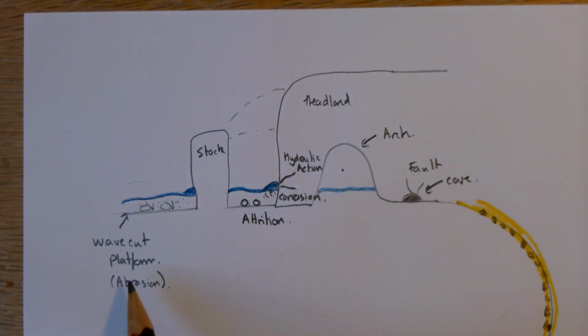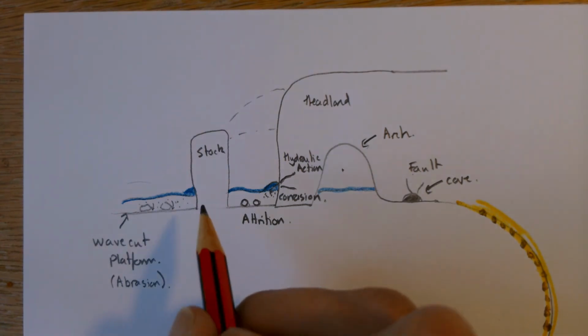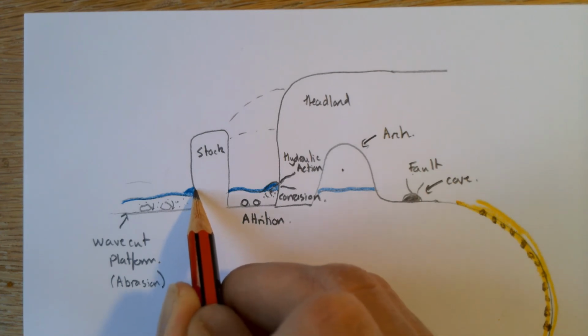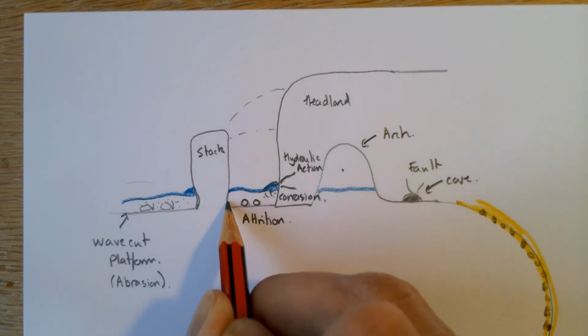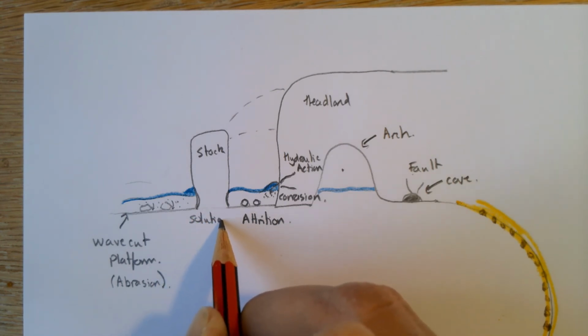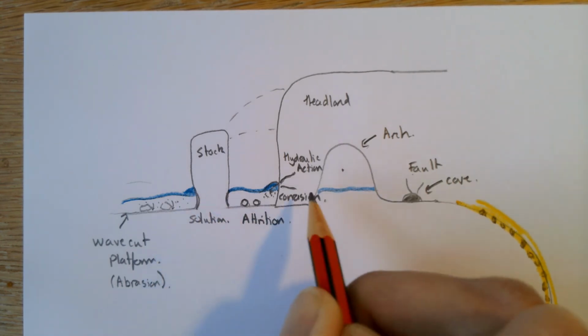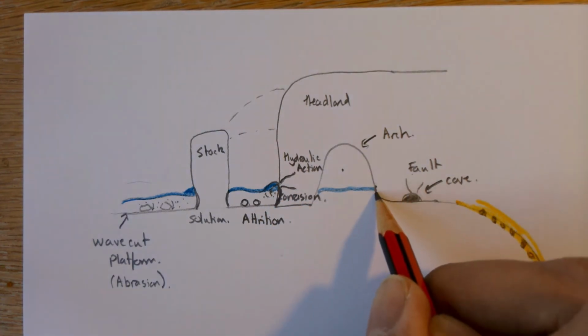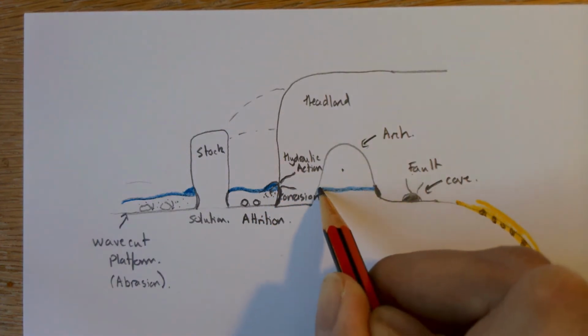So we can see that we've got all four of those processes of erosion operating here. And if the water is slightly acidic, and this is typical in more tropical areas with warmer waters, then the water can also be dissolving this rock here in solution. So where the water line meets the rock, we can get solution as rock is dissolved.